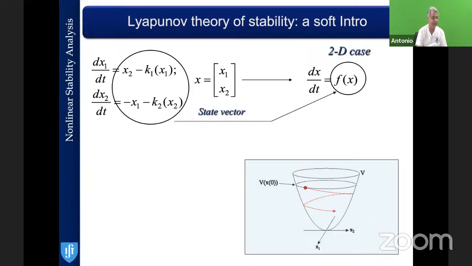This is a very common thing to do. It's very useful, okay? It's just a method of notation. So is there any hope in showing that the trajectories will converge to the origin?